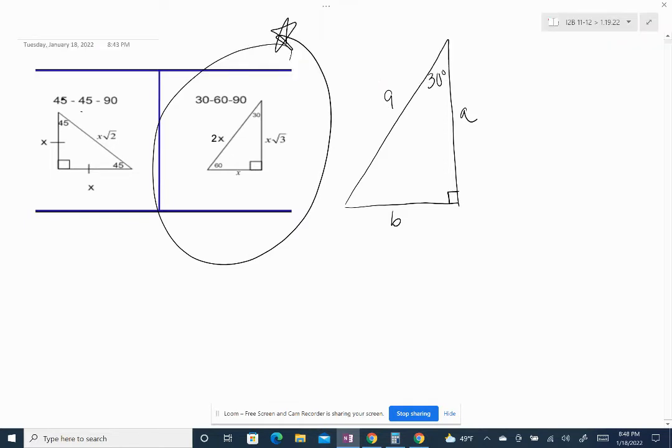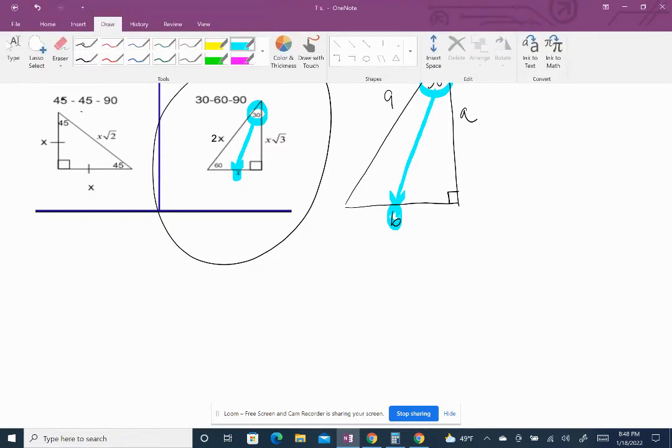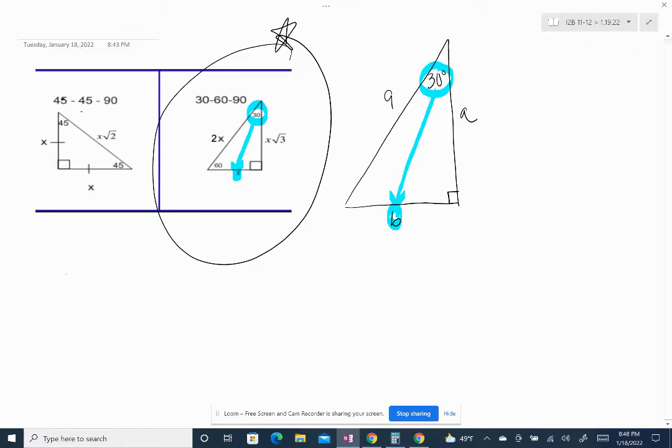Okay, so if we have our 30 degrees here, and I drew a line directly out, that's going to be my X. So that's going to be my B. So X is equal to B. Pretty simple. Let me use a different color. Let's use yellow.